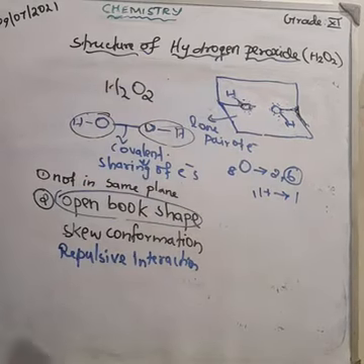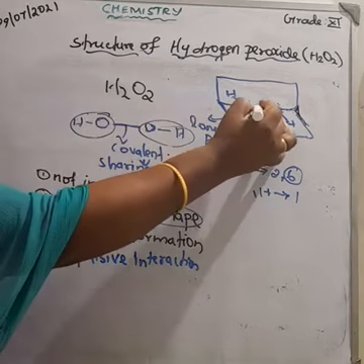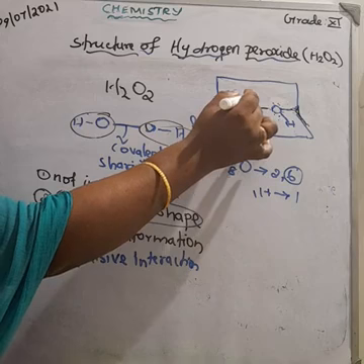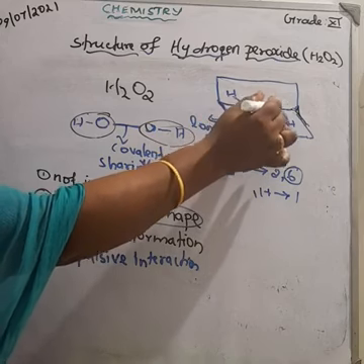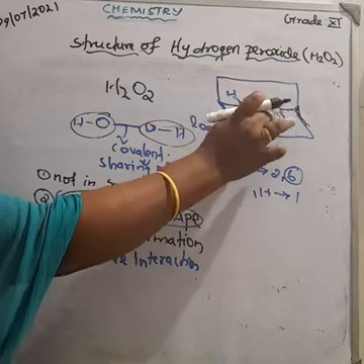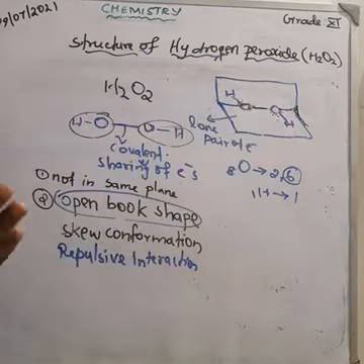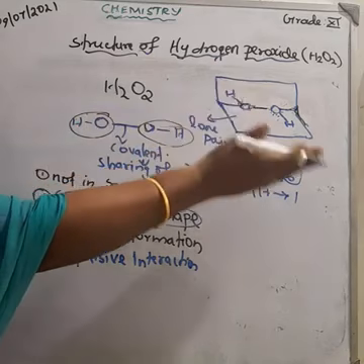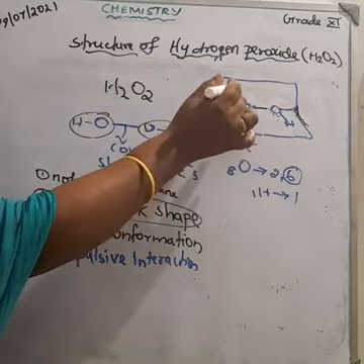So because of the repulsion, the OH bond is in the skew conformation structure formed here. In the skew conformation, the hydrogen-oxygen bond is in a slant position. Understand?